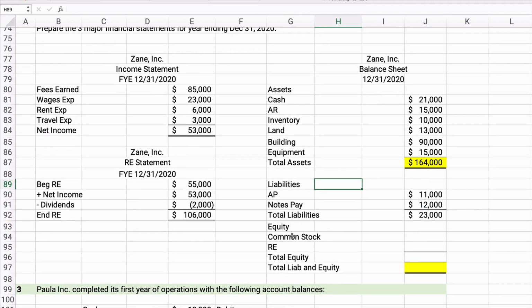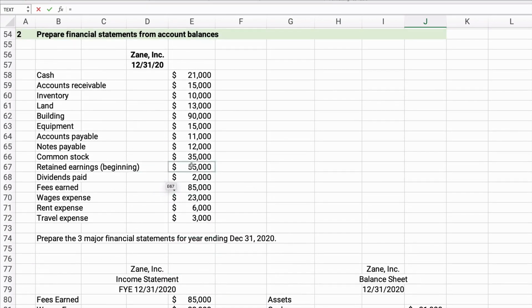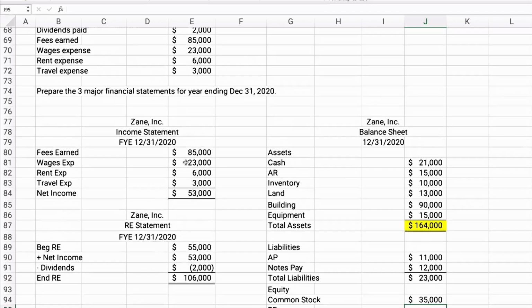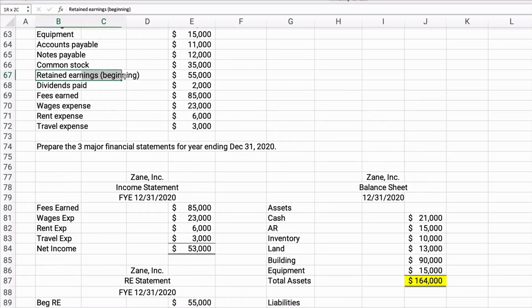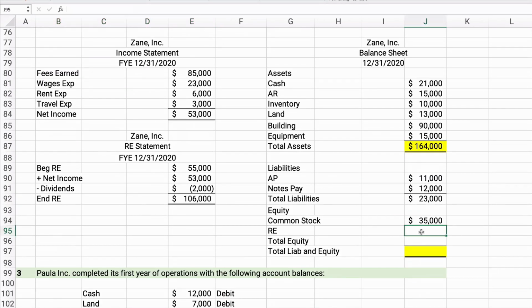Now, we're going to have the equity section, and we have common stock. So let's look for common stock. Common stock is going to be 35,000. And we're given retained earnings at the beginning. Now, why are we not using that beginning retained earnings? Well, we've just calculated retained earnings, so we're going to use the retained earnings for the end of the year, not the beginning of the year.